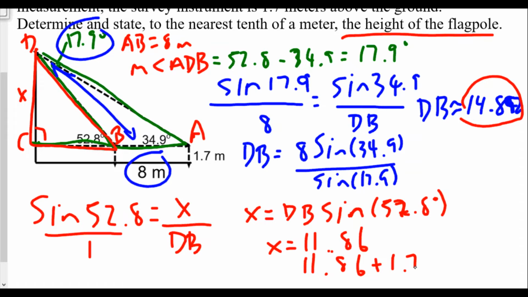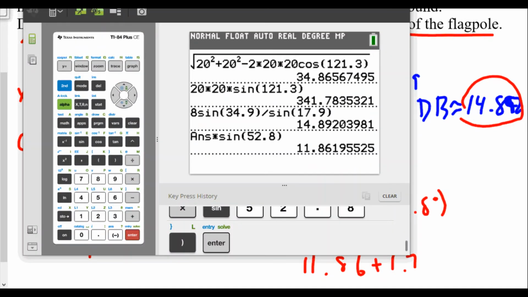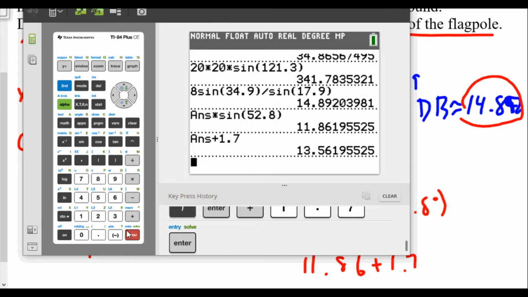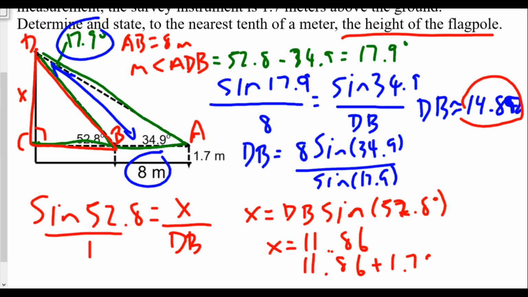So we add that together, we add 1.7, and we're going to get 13.56, which, rounded to the nearest tenth, we're going to get 13.6.